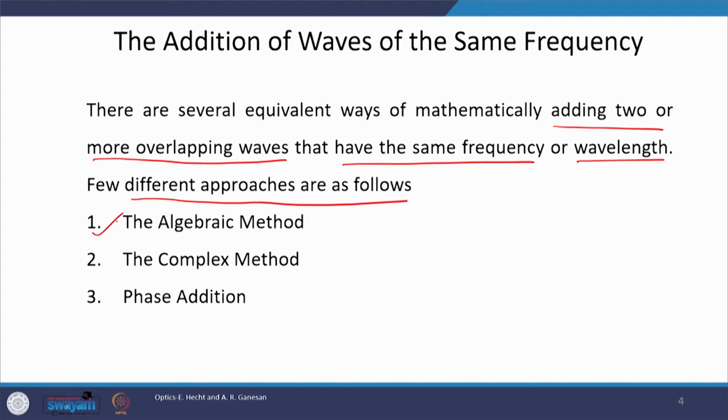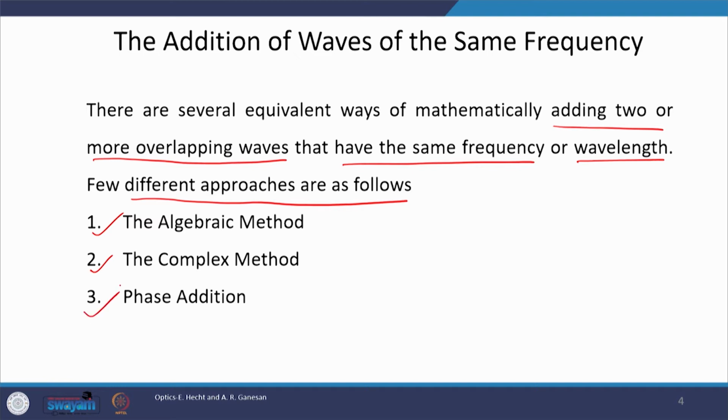Now there are different approaches using which we can address this problem. The first one is the algebraic method, where we represent the wave function psi as sin of omega t minus kz or cos of omega t minus kz. The second method is the complex method, where we represent our wave function in complex form, that is psi tilde, and psi tilde would be equal to psi naught e to the power i(omega t minus kz). This is the second representation of the wave.